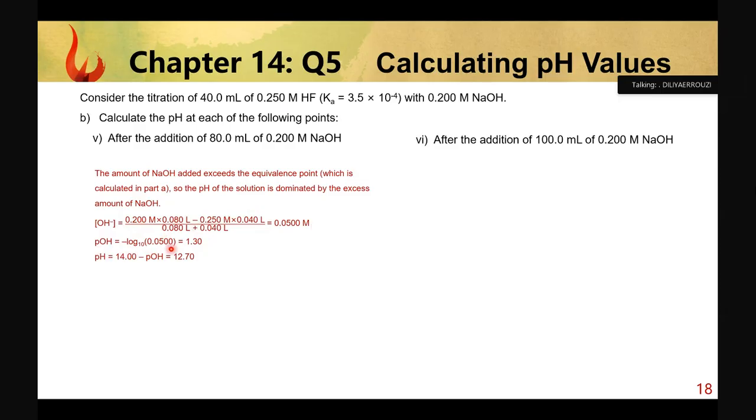Then we can calculate the pOH from this hydroxide ion. Then we can get the pH by 14 minus pOH. The last question is basically the same, just substitute 100 ml for the 80 ml.